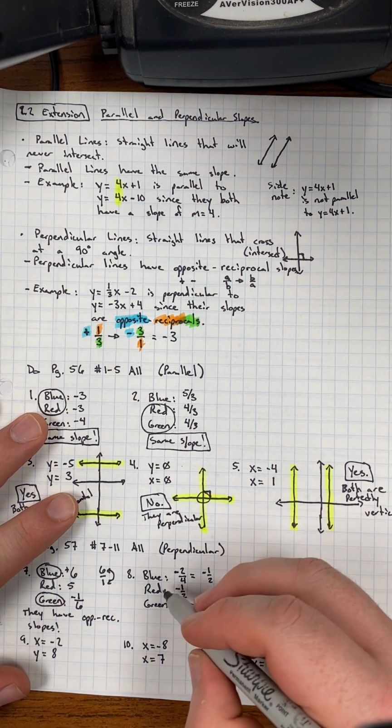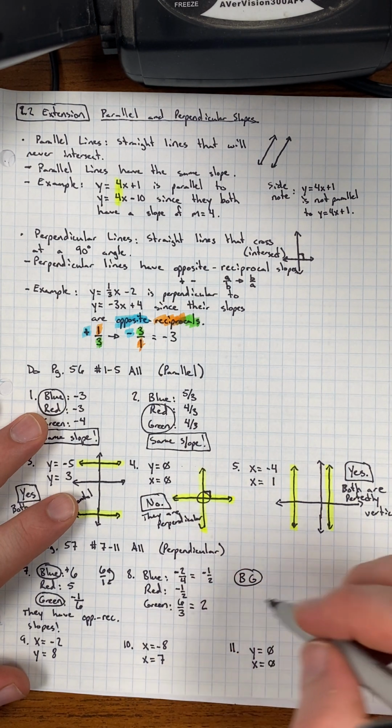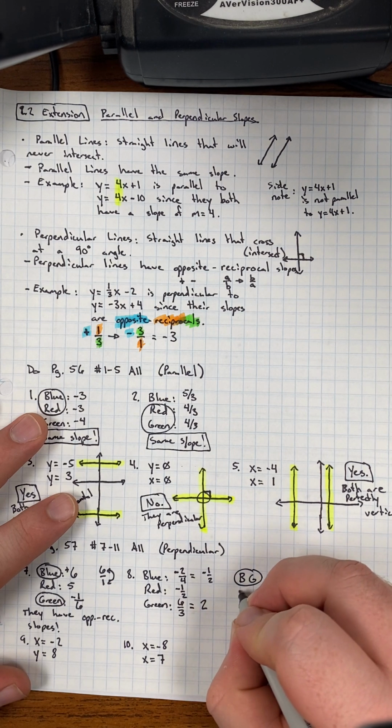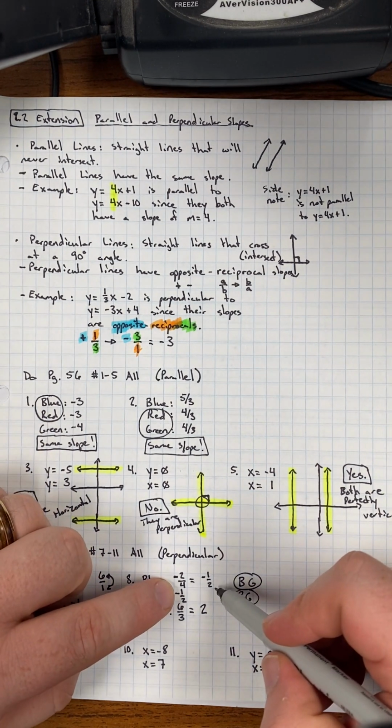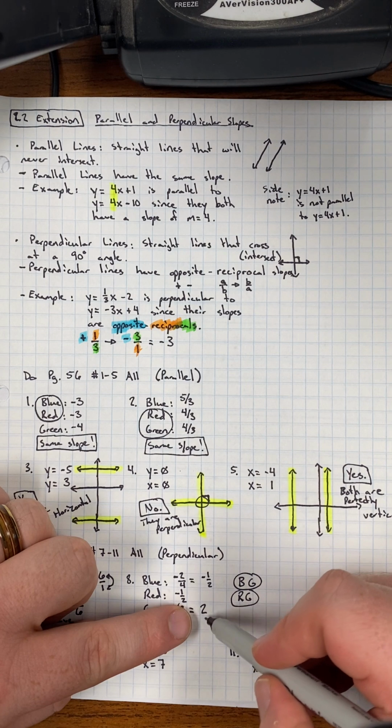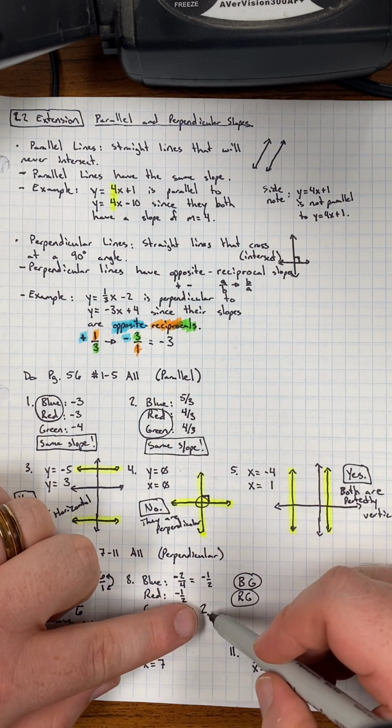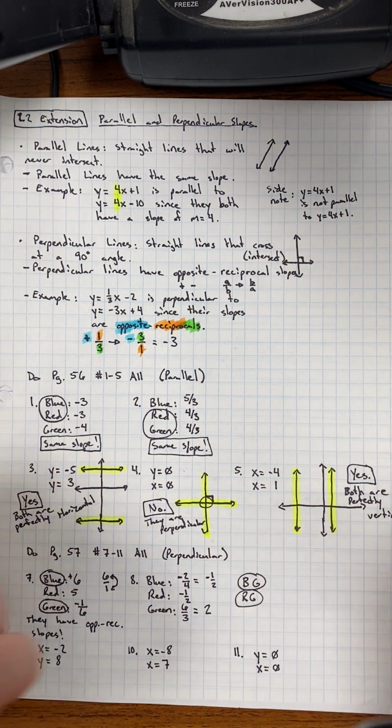But then I also noticed that red and green are also opposite reciprocal. So in this case, I have 2 answers. And that totally makes sense. If these are going to be the same slope and they're both crossing this, one is crossing it at a 90-degree angle, it would make sense that the other is crossing at a 90-degree angle, right?